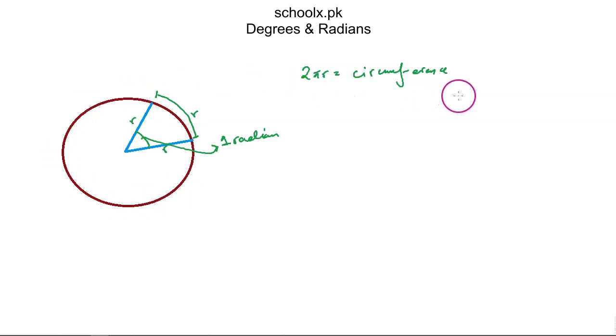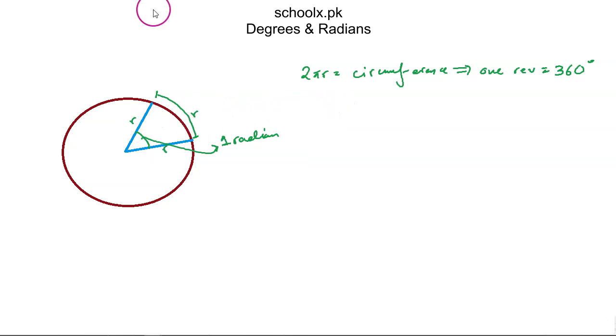So 2 pi r equals circumference, and circumference is what? 1 revolution. It covers 1 revolution, which is 360 degrees. So we know that 1 radian is covering an arc of length r, right? Which is equal length to the radius of the circle. Hence, there's this r here, and r here.